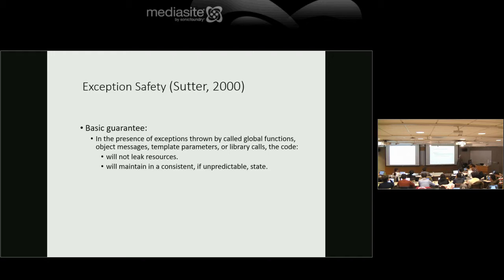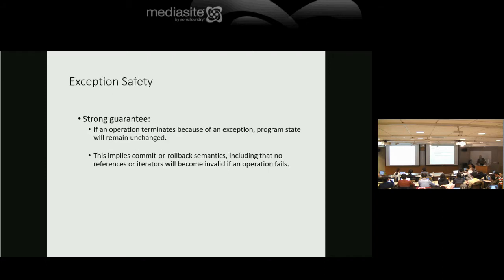Now, there's a stronger guarantee. Strong guarantee. If an operation terminates because of an exception, program state will remain unchanged. That means you have rollback and commit semantics. This is a transaction. Everything you do is a transaction. So you do the work off to the side, and once the work is completed and no exception is thrown, you swap.